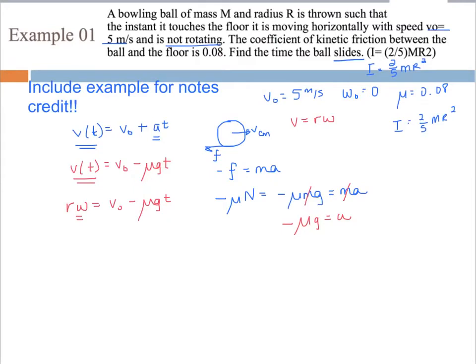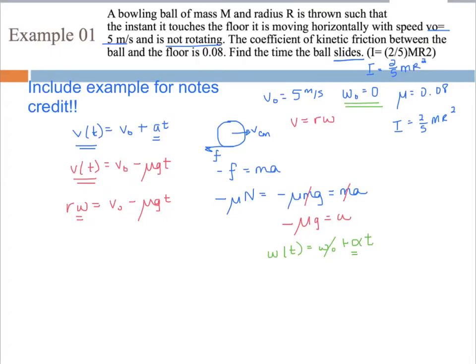So we can go to our rotational equations. Omega is equal to omega naught plus alpha times time. Again, we said that we began with 0 rotation, so that piece goes away. And same thing, we need to solve for an expression for alpha. For that, we can go to our torque Newton's laws.